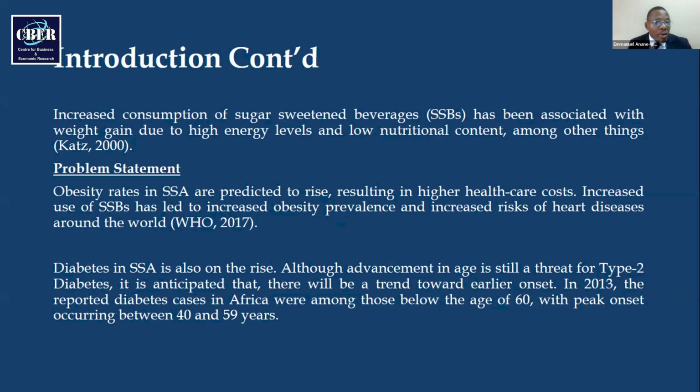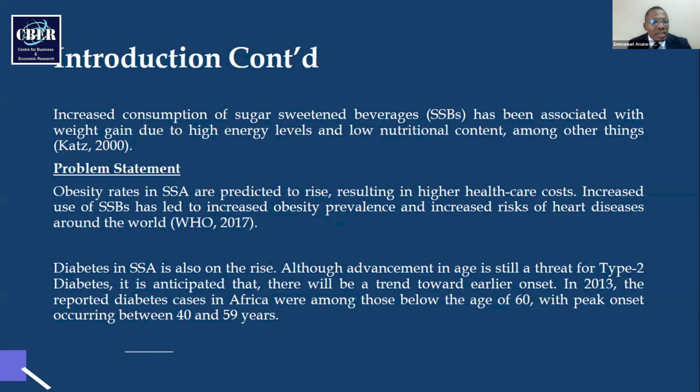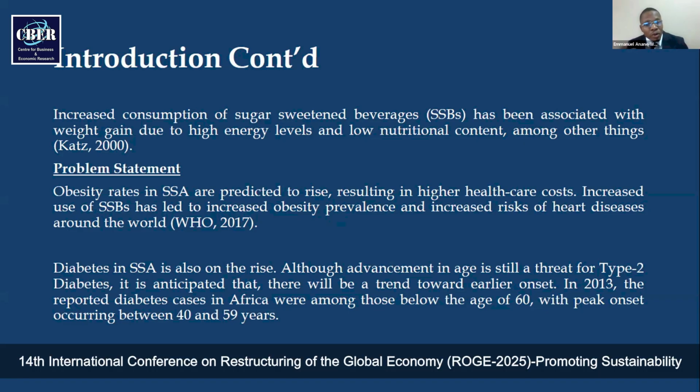Diabetes is also on the rise in Sub-Saharan Africa. Although advancement in age is still a threat for type 2 diabetes, it is anticipated that there will be a trend towards earlier onset. In 2013, for example, the reported diabetes cases in Africa were among those below the age of 60, with peak onsets occurring between the ages of 40 and 59 years.